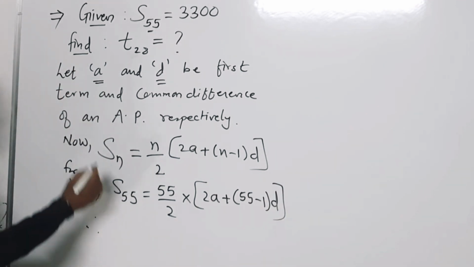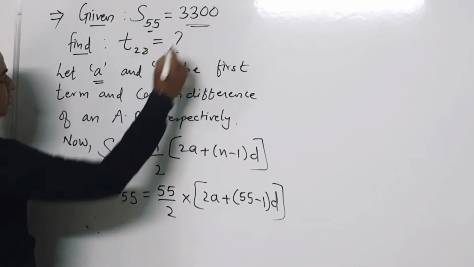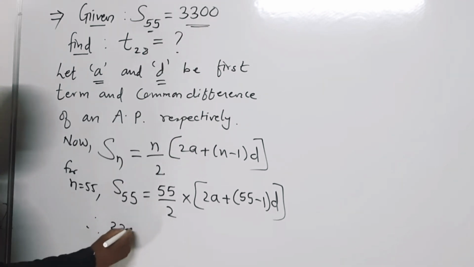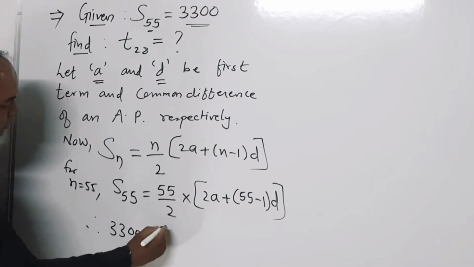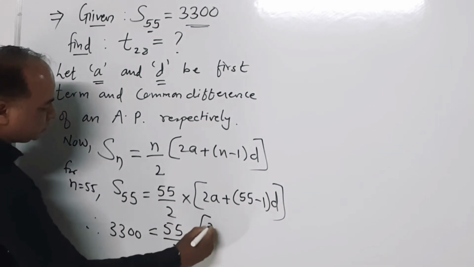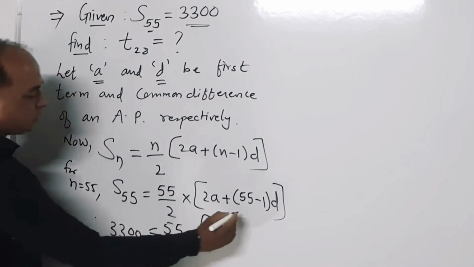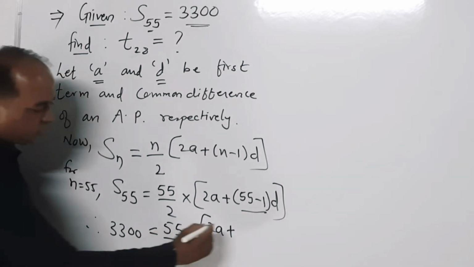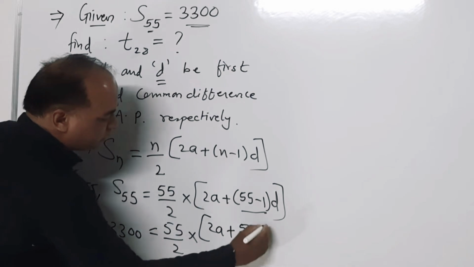Therefore, S55 is given as 3300 is equal to 55 upon 2 into 2a plus 54d.